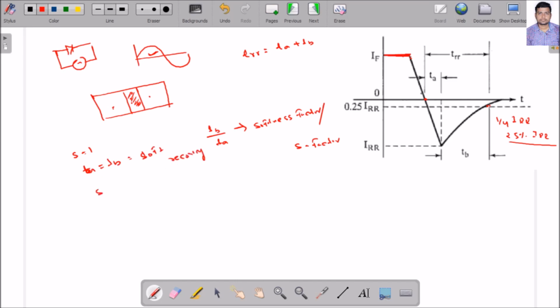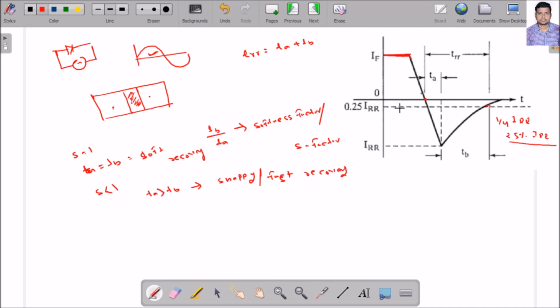And if S is less than 1, meaning TA is greater than TB, then it is known as snappy recovery or fast recovery.